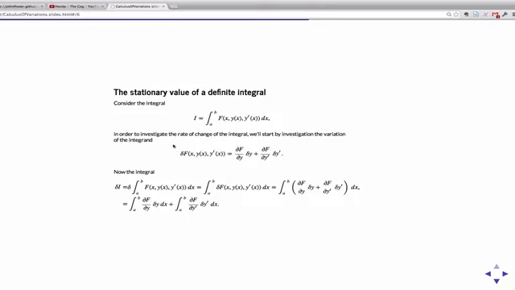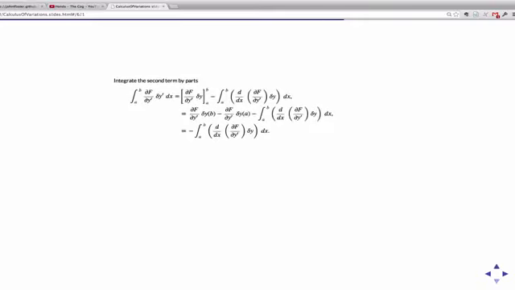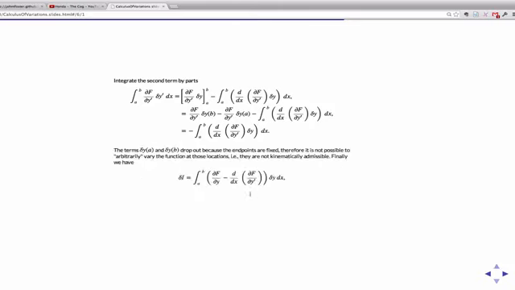So if we use the del operator to investigate the stationary value of a definite integral, I'm basically just doing some mathematics that are consistent with the way I've defined the variational operator there. You basically see eventually that after some manipulation, some integration by parts and other things, what we arrive at is this equation here.